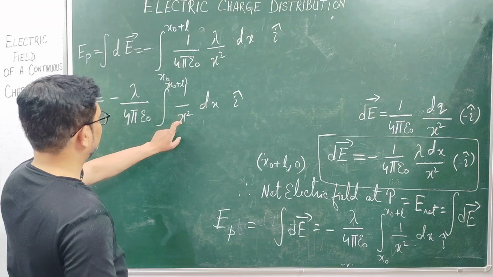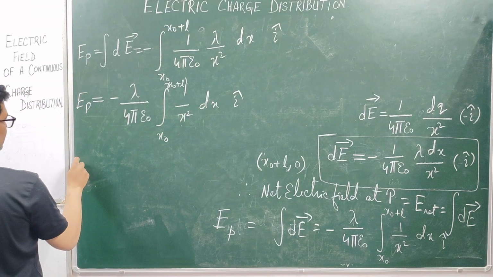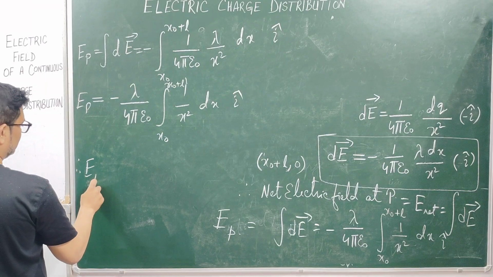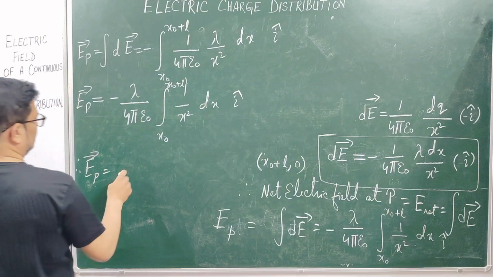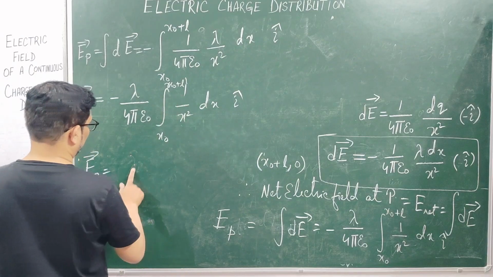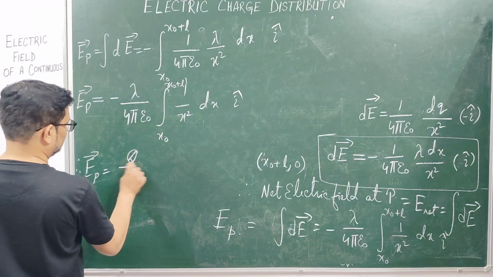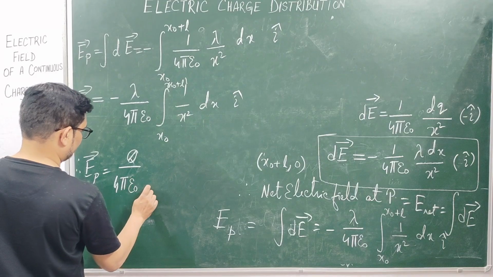Well, if you integrate this, we'll get E net, therefore what is EP, which is a vector quantity, is lambda, and we know lambda, right? What was lambda? Lambda was Q over L. So 4 pi epsilon naught, and we'll write L here.